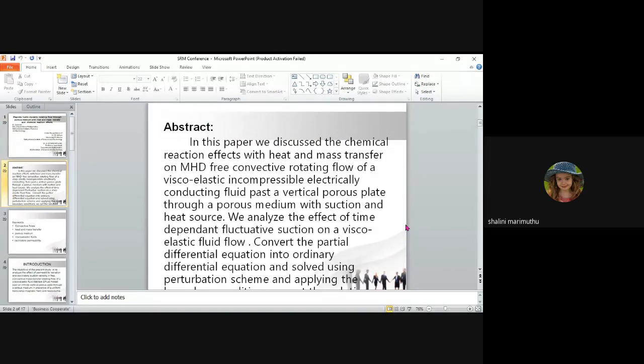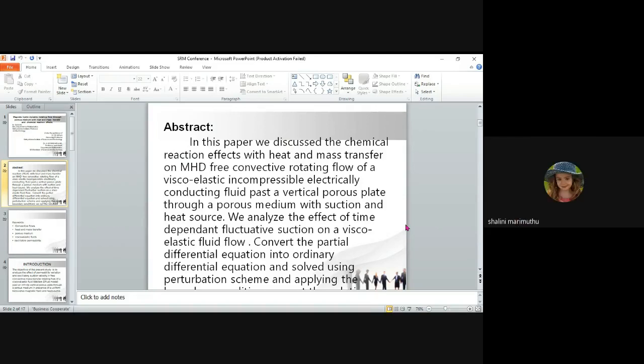Abstract. In this paper, we have discussed the chemical reaction effect with heat. We are using an incompressible electrically conducting fluid through a vertical porous medium. We analyze the effect of time dependent suction through an elastic fluid flow.